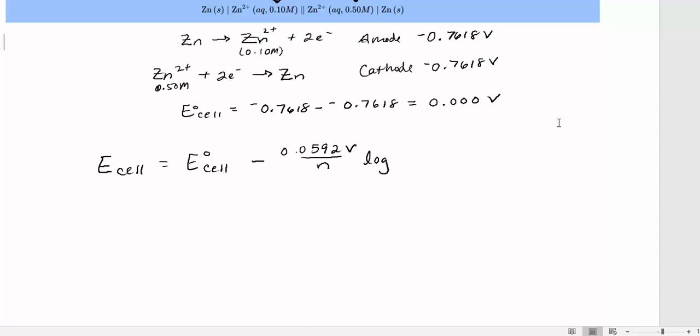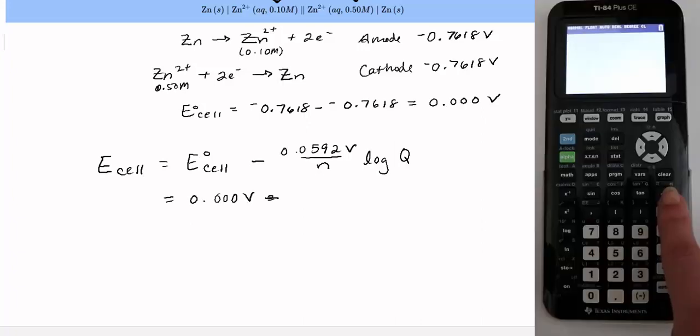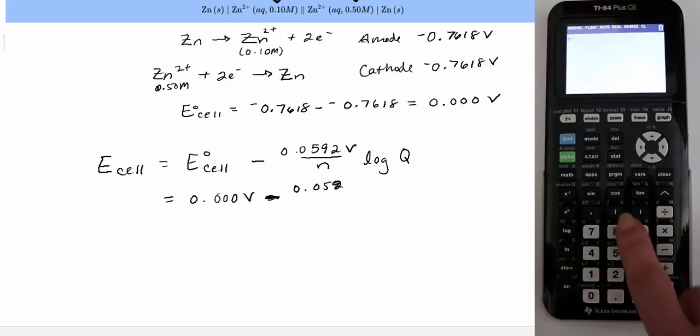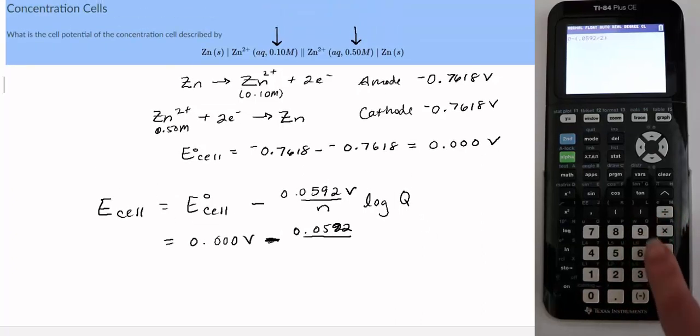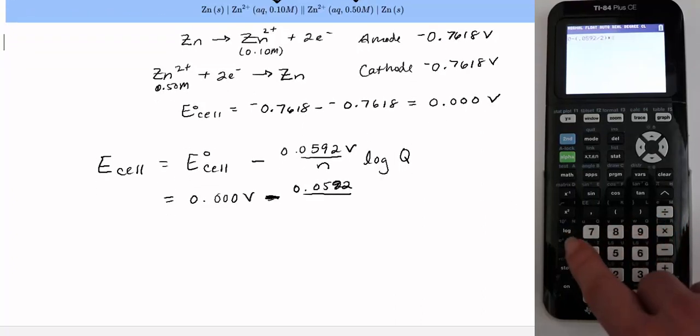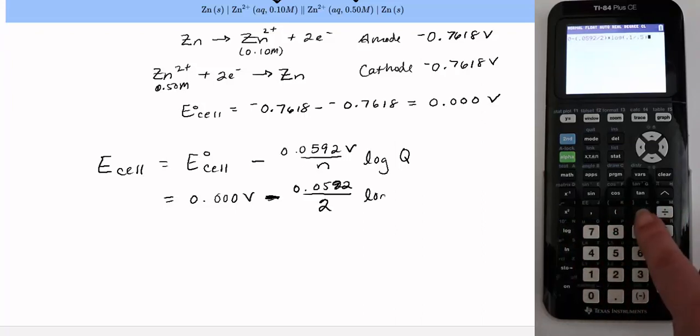So the E0 of the cell minus 0.0592 divided by N, which is the number of electrons used. So we would have 2 electrons that need to be transferred, times the log of Q. Now remember, Q, the reaction quotient, is going to be products over reactants.